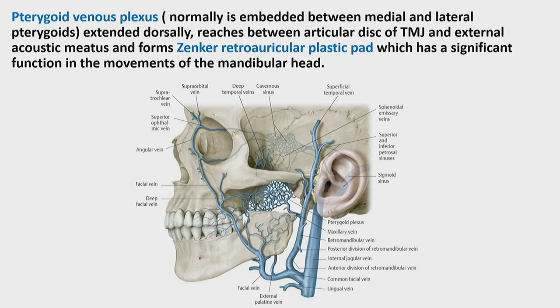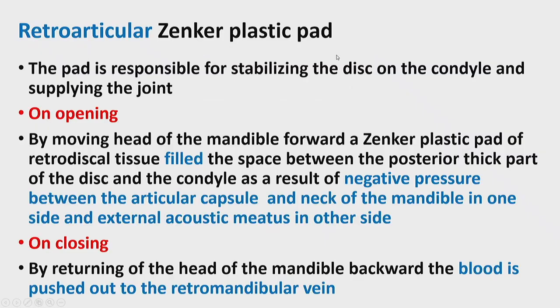Then the connection of the pterygoid venous plexus in the part of the temporomandibular joint, which is called the Zenker retroarticular plastic pad, has a very important function for the movement of the mandible.